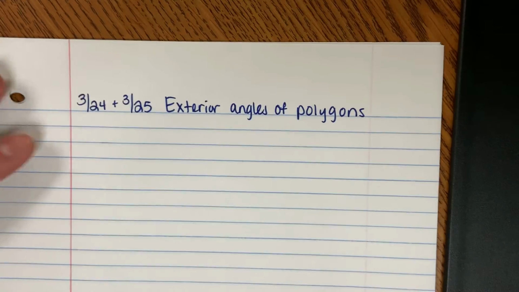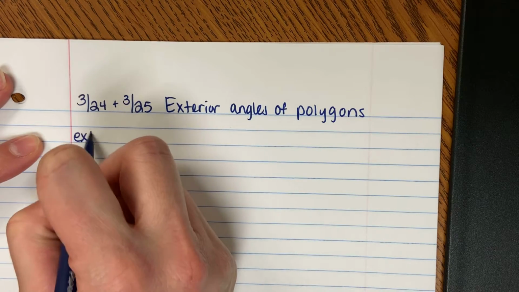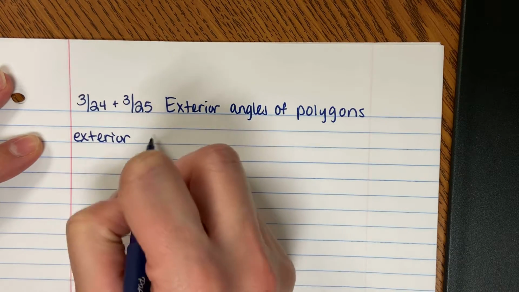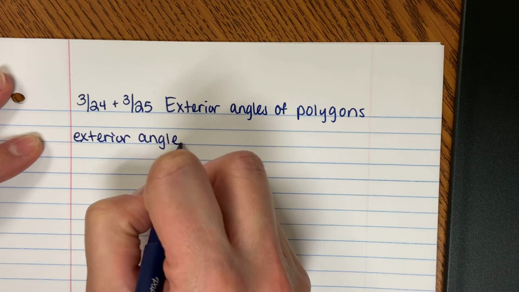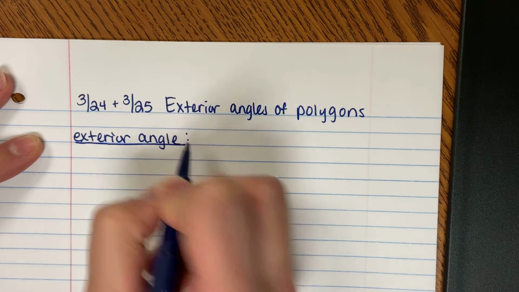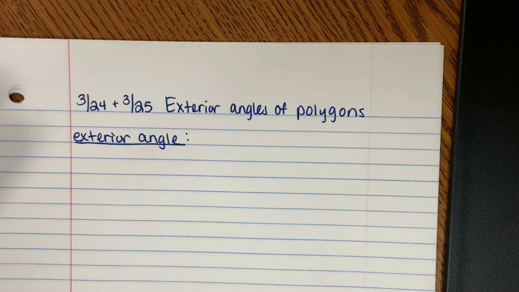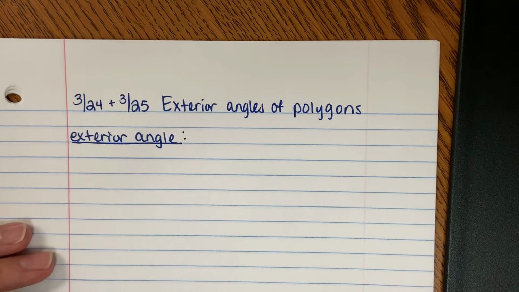All right, so what is an exterior angle? Let's find that out first. Remember, if I go too fast, watch this in slow motion or pause it when you need to, okay?